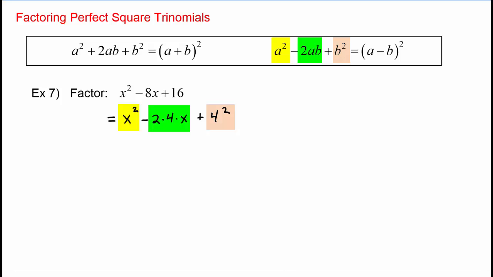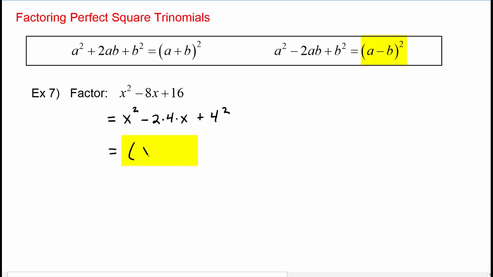And then you can recognize that this looks like a squared minus 2ab plus b squared, and write the factorization as x minus 4 quantity squared.